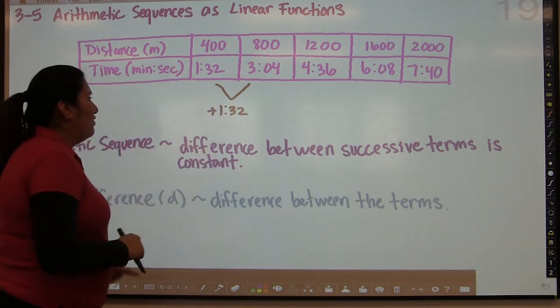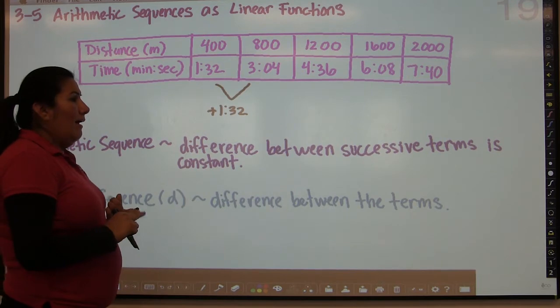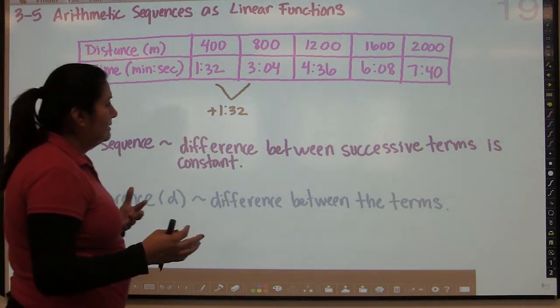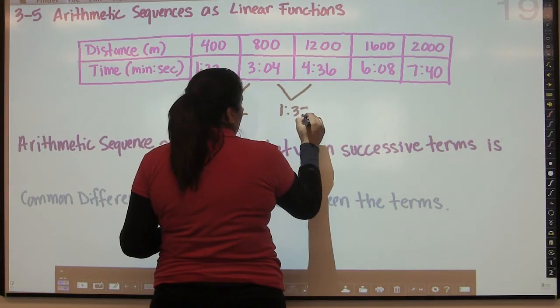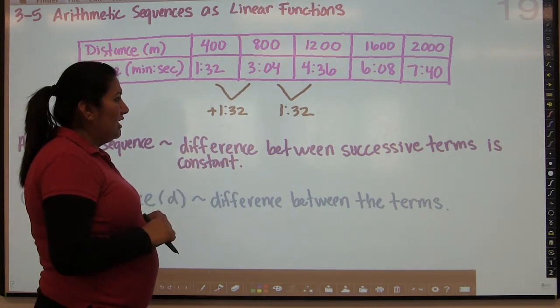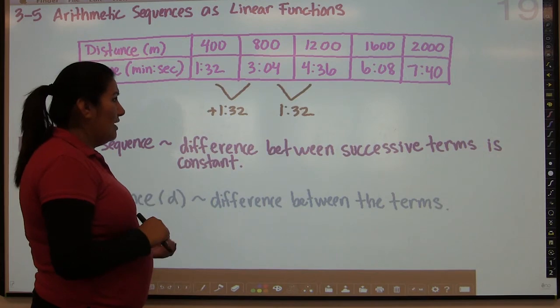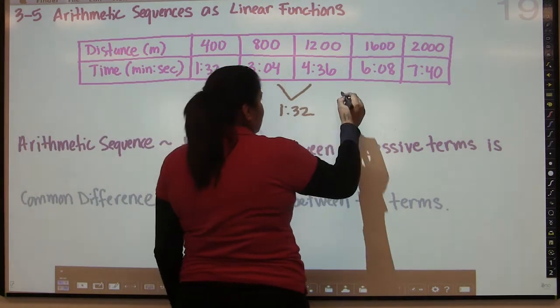If I add 1:32 and 1:32, I'll get 2:64, and 64 is an extra minute, so that would be 3:04. And then if I go from here, I don't know if you're noticing this pattern yet, but if I add a minute and 32 seconds to 3 minutes and 4 seconds, I'm going to get 4 minutes and 36 seconds. So again, you're adding a minute and 32 seconds.